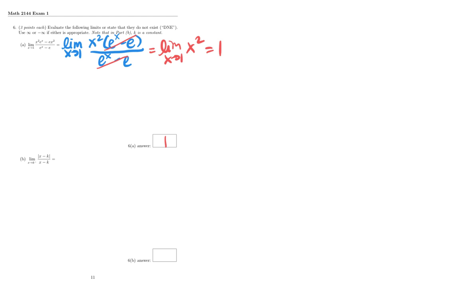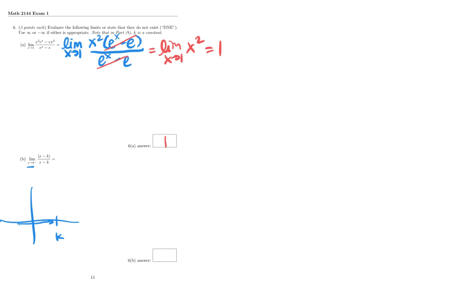For this one, I'm looking for the limit as x approaches k from the left. Okay, and so I'm looking at some value k, and as I'm approaching k from the left-hand side, that means I'm plugging in values that are smaller than k.